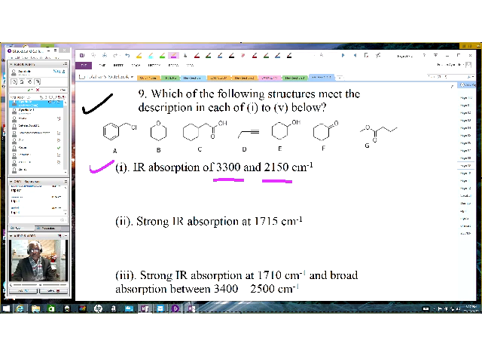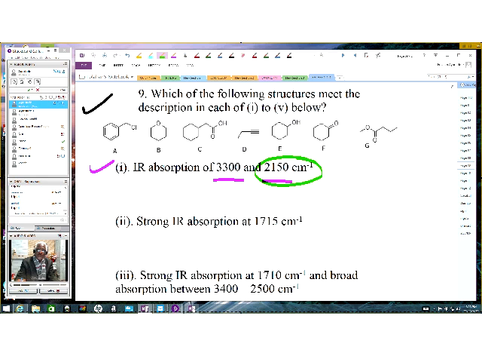Okay, so for now, anytime you see a signal at 2150 wave number, what that is telling you is that you have a triple bond. It could be a triple bond of an alkyne or a triple bond of a nitrile. Now, in this particular instance, it also tells you that you have an absorption at 3300.